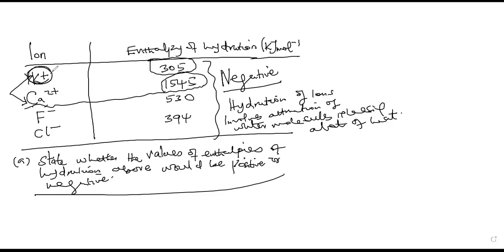Having small ionic charge, it has a lower charge density, thus a lower polarizing power, and thus lower attraction of the water molecules than the calcium ion, because the calcium ion has a smaller ionic radius and a higher ionic charge, giving it a higher charge density and higher polarizing power, meaning it strongly attracts water molecules. So the calcium ion is easily hydrated compared to the potassium ion.